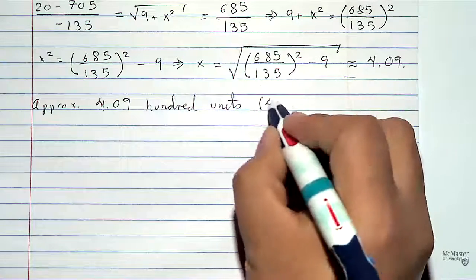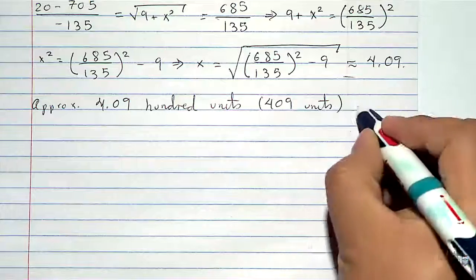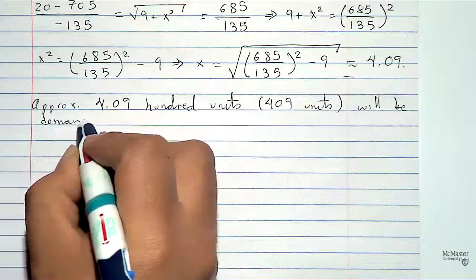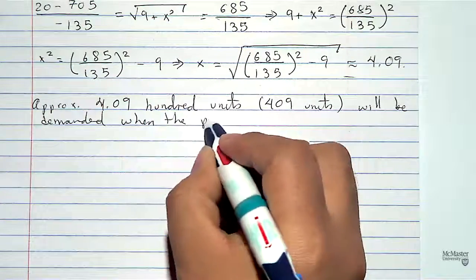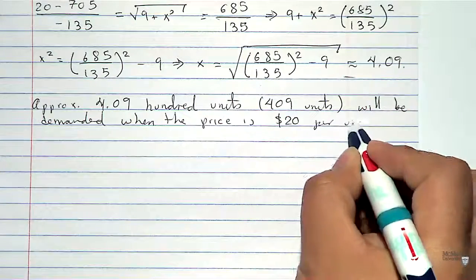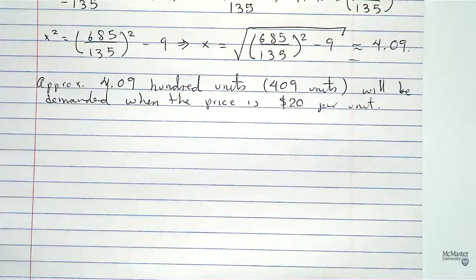So 409 around will be demanded when the price is $20 per unit. But the main difference here is that instead of finding the p, you had to find x. However, you had the formula, so you only had to solve for it, and it is not a big issue.